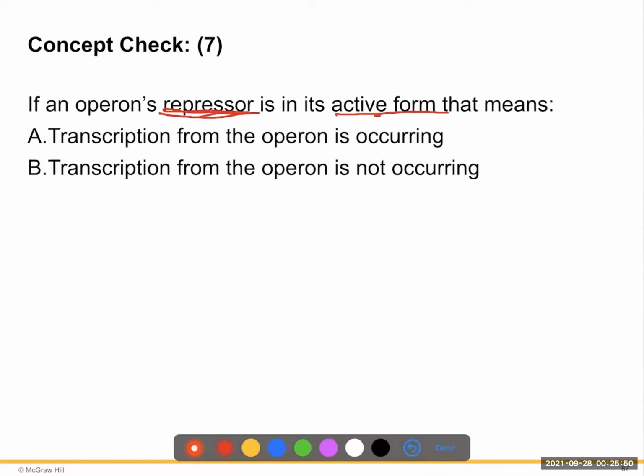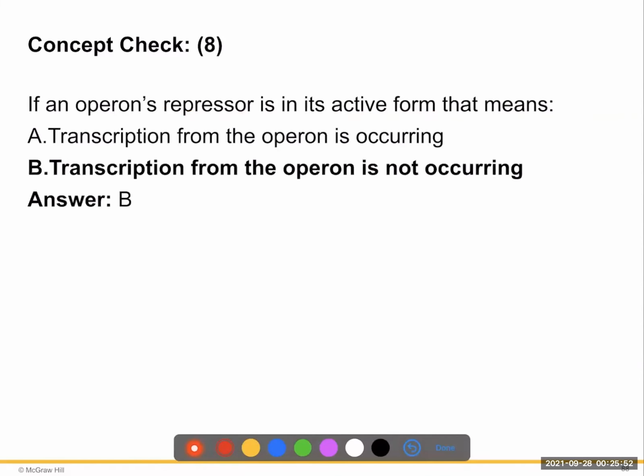The active form of stopping it means it's not going to occur. Does that make sense? This is a repressor, and when you activate it into its active form by the arginine, whatever is being produced, then it's going to repress the gene. So transcription is not occurring, so you don't get translation and the protein being made. Does that make sense?